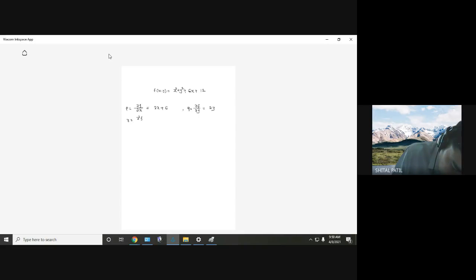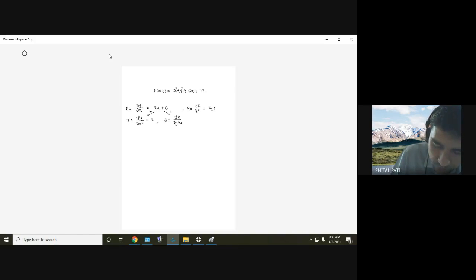Del square f divided by del x square. So derivative with respect to x. What is that? 2. s is del square f divided by del y del x. So derivative of this with respect to y. Already we obtained del f by del x, we want to find derivative with respect to y now.